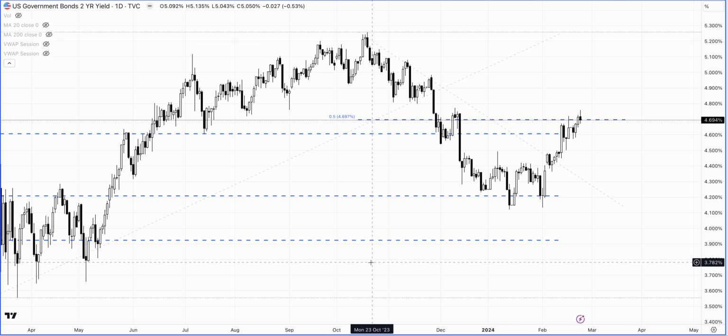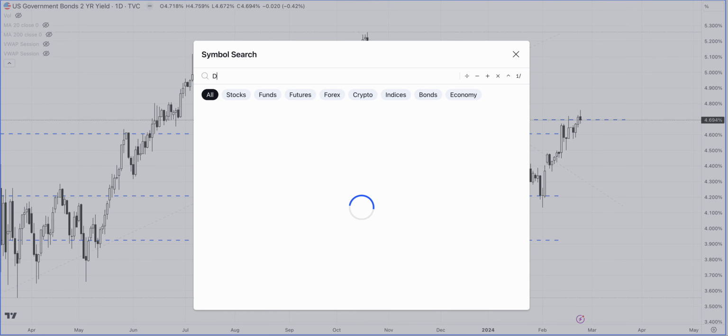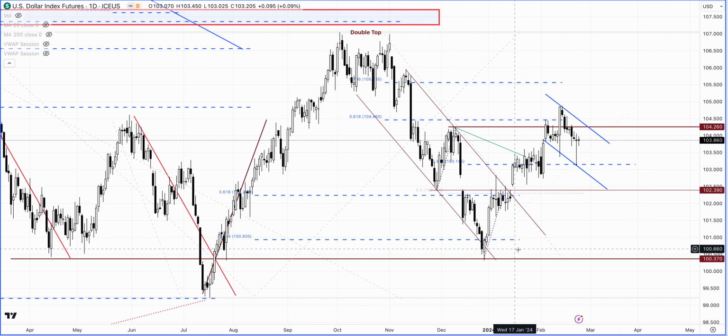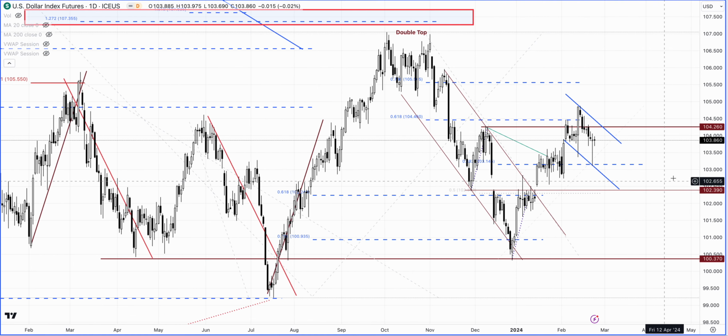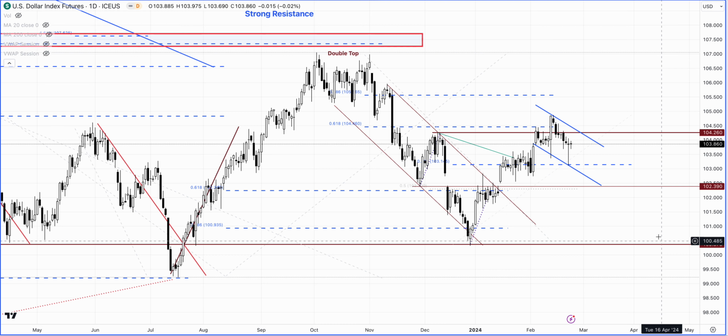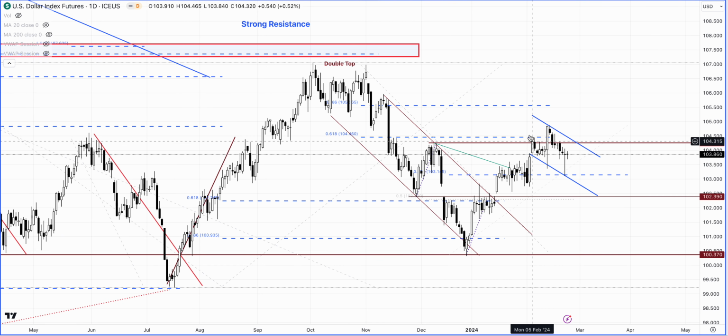All right, so now let's take a look at the US dollar. This is the daily chart of the US dollar, and when we did the last video, the market had closed a little below around here. Last time when we did it, it was around here.